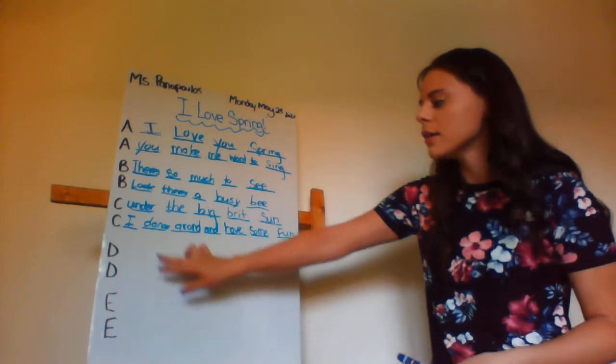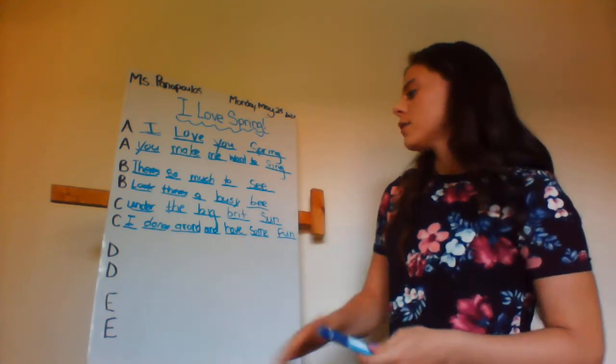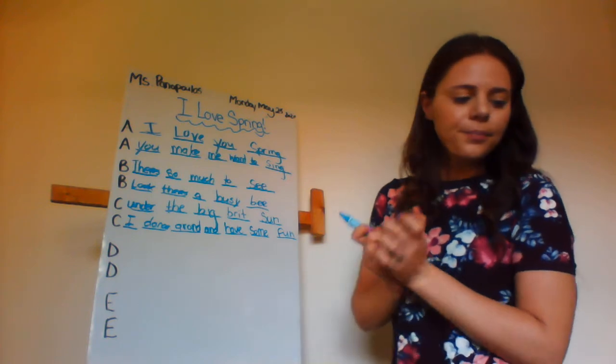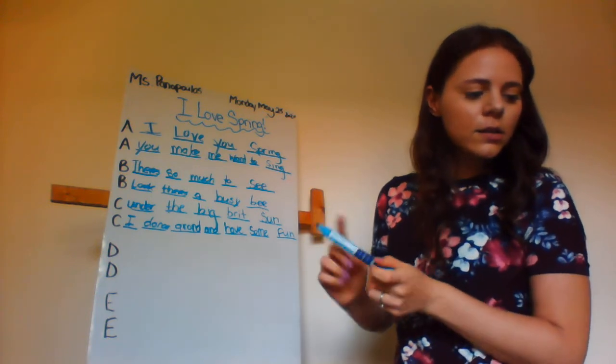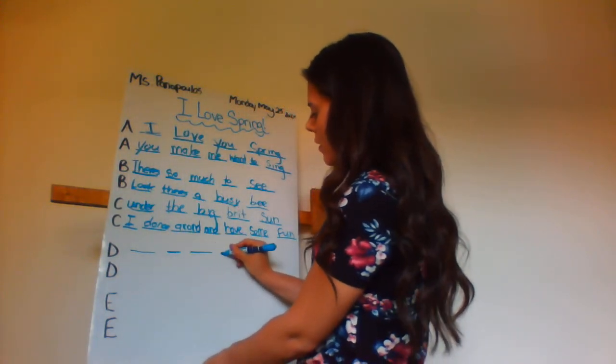And we're just going to continue to follow what our letters are saying. So another 2 words that rhyme together at the end of the sentence. Birds in the sky.